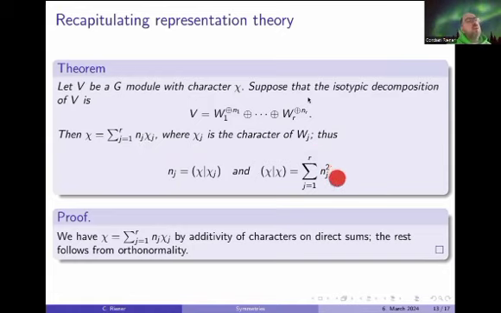And now if I just use the orthogonality, I immediately see that if I take my character and take the inner product with the character of an irreducible representation, I get a number back. And this number will be exactly the number of occurrences of this irreducible representation. So you have a big book.